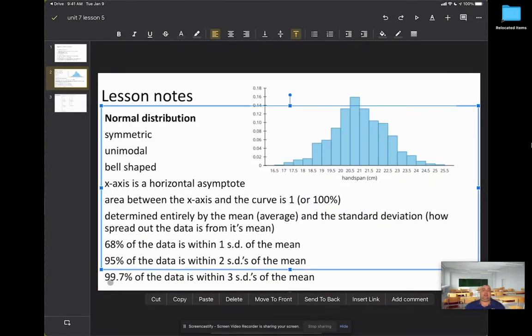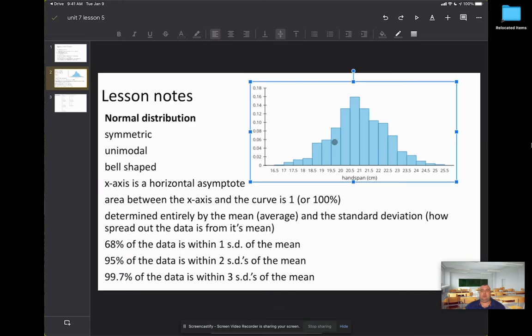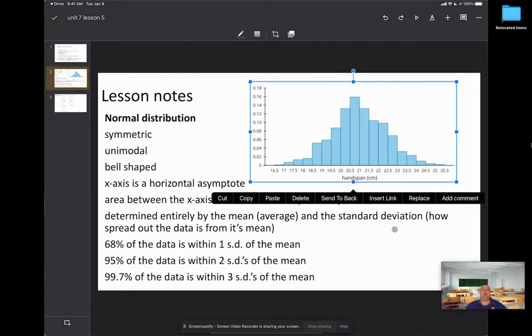And lastly, 99.7%, so almost 100% of the data, is within three standard deviations of the mean. These are all important characteristics of the normal distribution, or the bell curve.